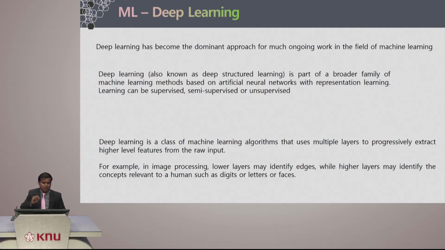This deep learning is a class of machine learning algorithm that uses multiple layers to progressively extract high-level features from the raw input. Because it has these multiple layers, and we call it deep because of its hidden layers, they are quite deep in the network, they call it deep learning.